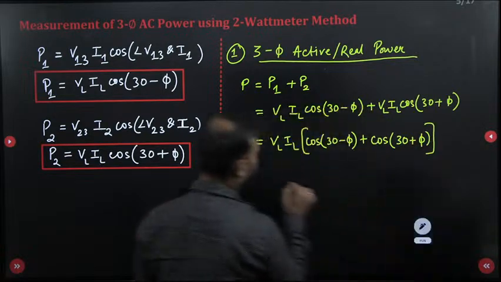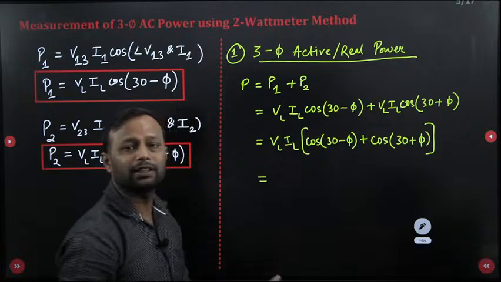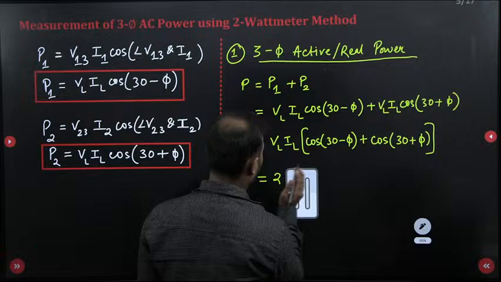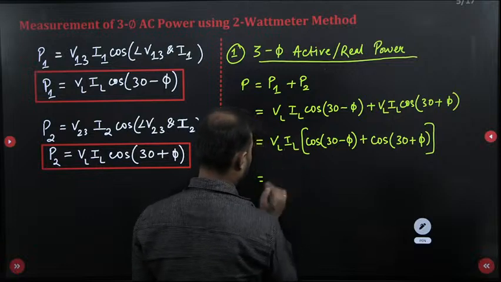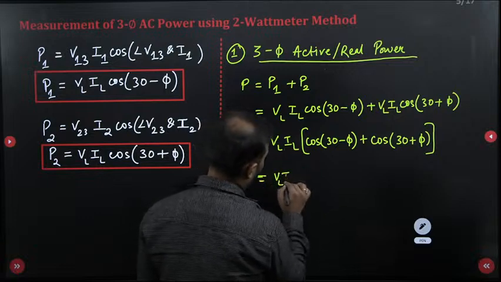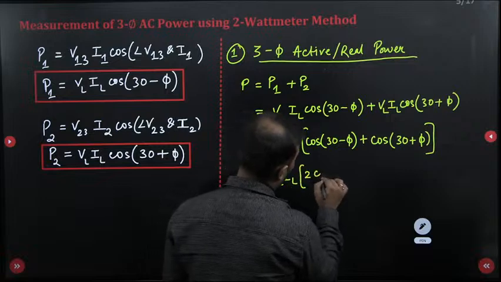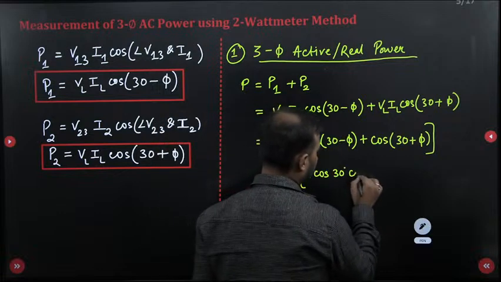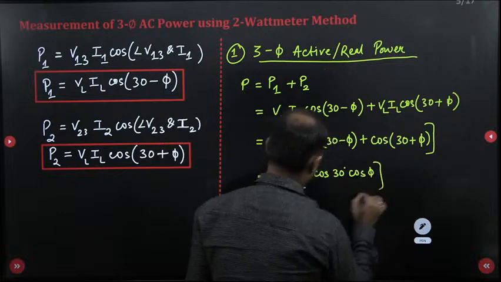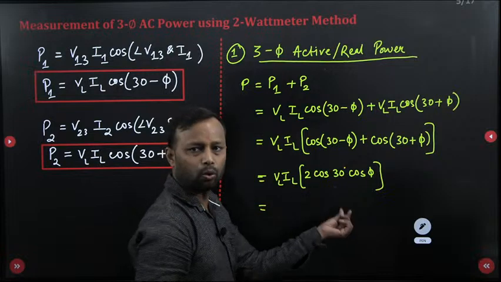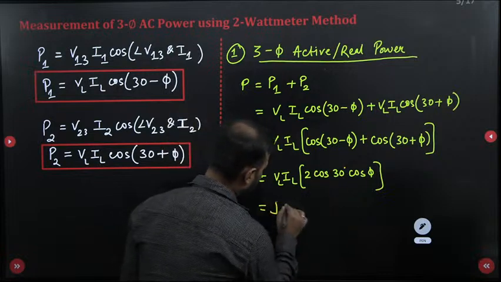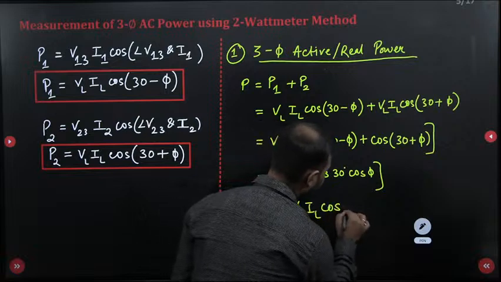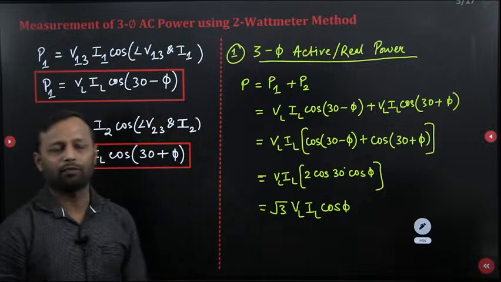So this is cos of A minus B plus cos of A plus B, which is equal to 2 cos A cos B. So let me write VL IL 2 times of cos 30, this is A and this is B, and cos phi. So cos 30 is root 3 by 2, 2 will be cancelled out. So we will be left with root 3 VL IL cos phi, which is the three-phase power formula.